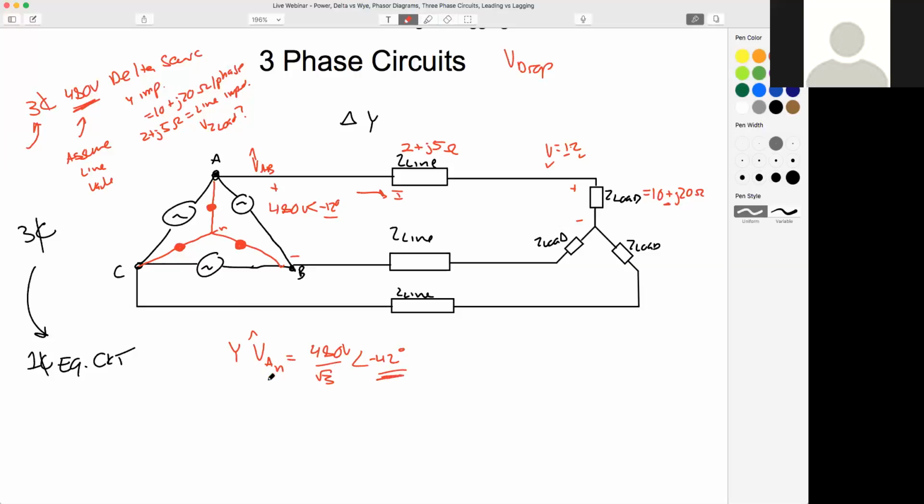Because our phase voltage lags, right? So if this is our phase voltage, we know this is our line voltage for a Y system. So we know this is a 30-degree difference. So not only do we have to adjust the magnitude, we have to adjust the angle. So since this angle was minus 12, then this would be minus 12 minus 30, minus 42.